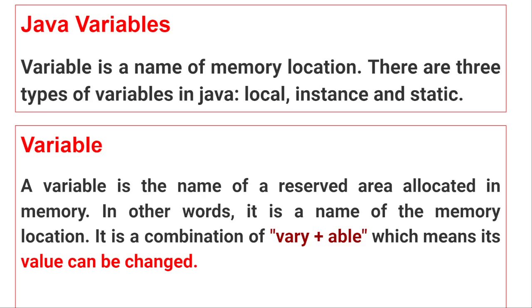So name is the variable I am declaring, and its value is my name, Ravi. It is a combination of vary and able, which means its value can be changed. I mean, name can be changed to Ravi, Akash, Sandeep, whatever it may be.